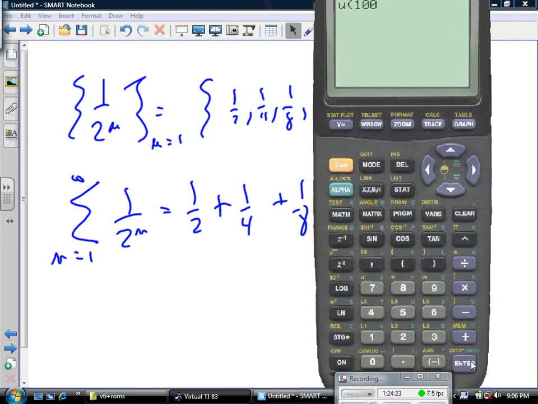Let's do, all right, how about this? U of 10. No, that's not 10. Dang it. Hang on. U of 10. U of 20. U of 30. Actually converges very fast if this works. Okay, there you go. So there's a nice little convergence table of 4 places, all right?